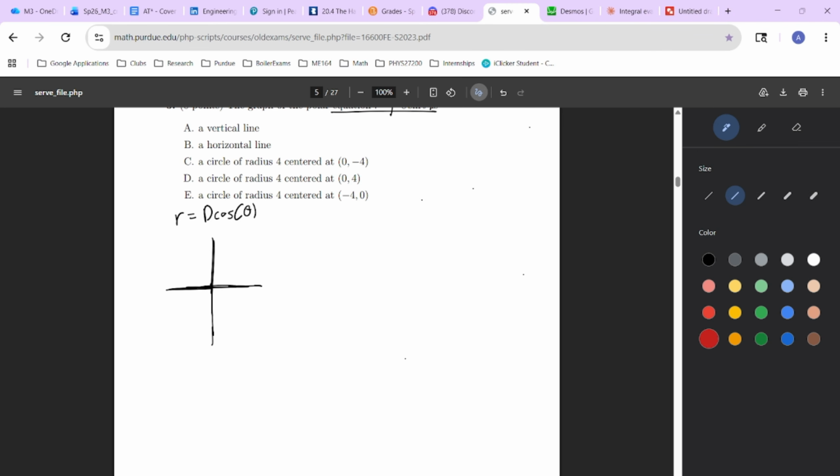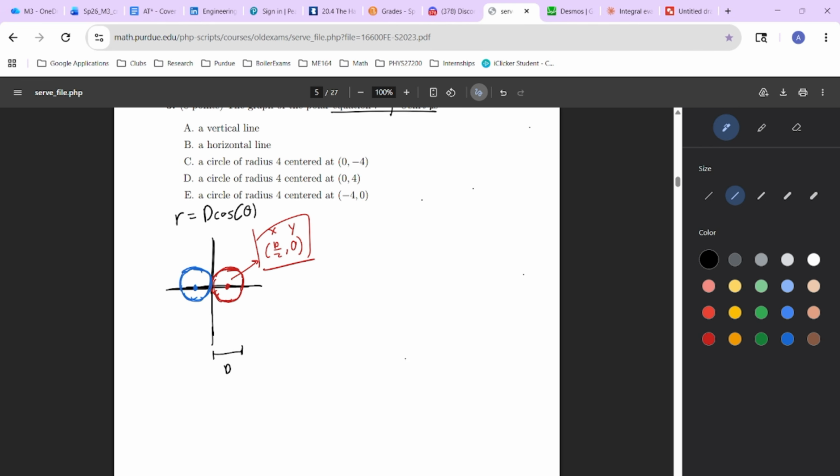We will see a circle that stretches out into the right or into the left, depending on if d is positive or negative, and the diameter of the circle would be equal to d, which means that the circle would be centered at a point d over 2, 0, where this is the x component, that's the y component, so this is in Cartesian coordinates. And the same thing would apply for this example here. That includes the sign. It'd be like negative d over 2, 0, whatever, right?